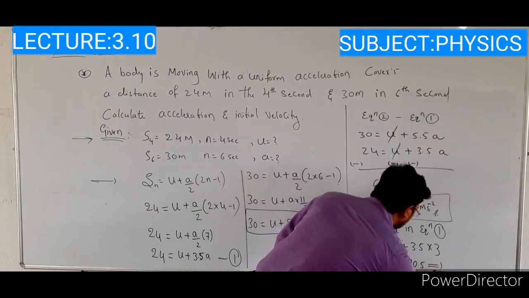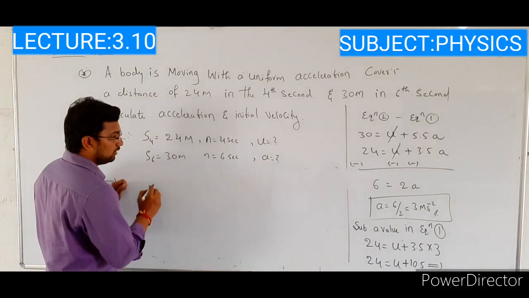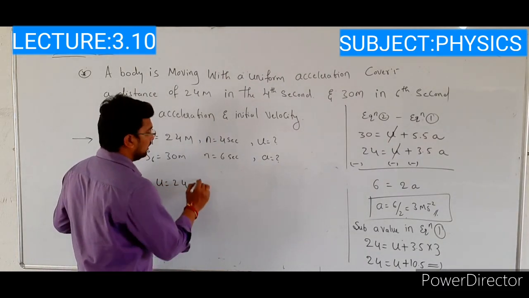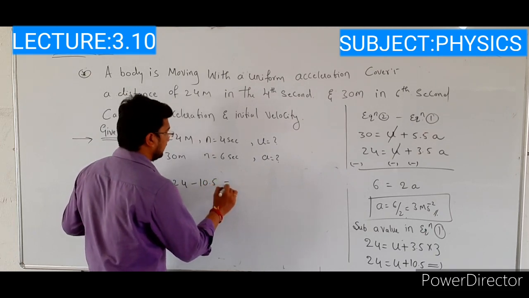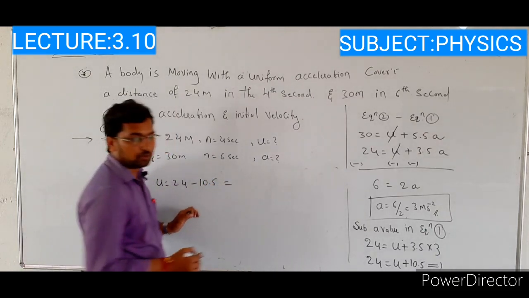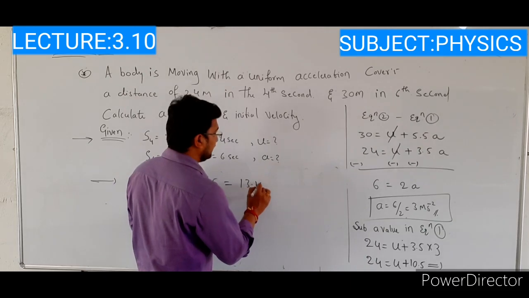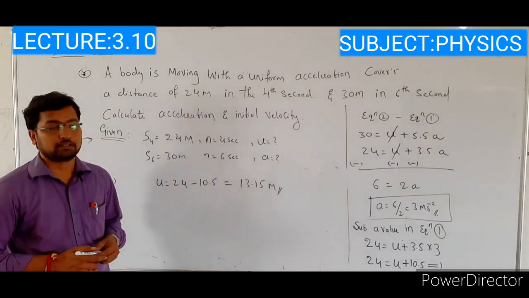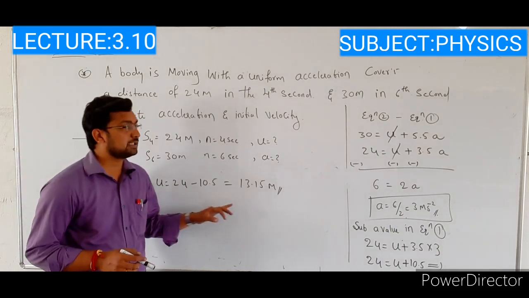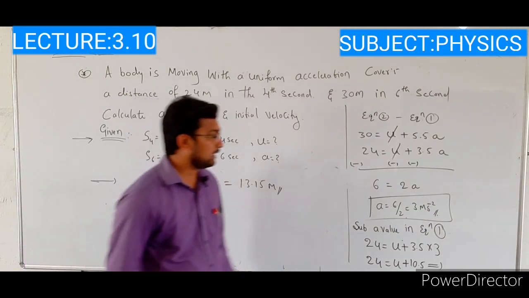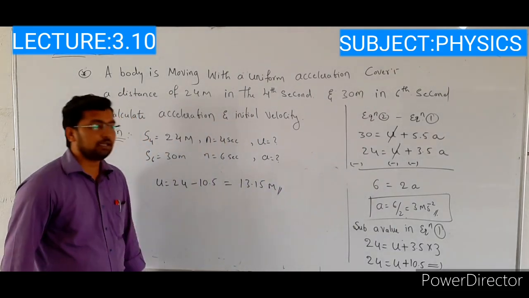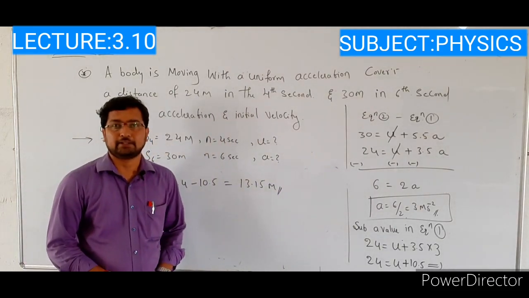So here we want the u value. Then u is equal to 24 minus 10.5, that is equal to 13.5 meter. Right? So this is the solution for this problem. So here the acceleration is 3 meter per second square and the initial velocity is 13.5 meter.